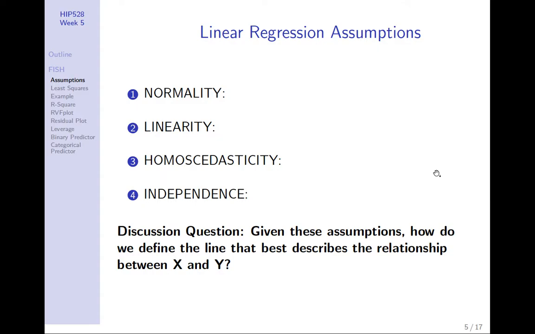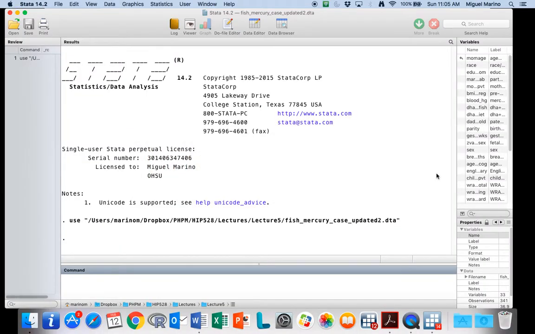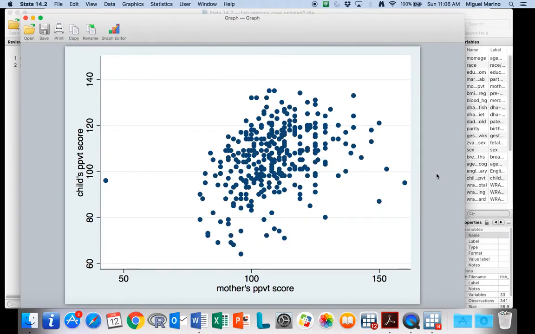So you could potentially think about doing a scatter plot, right? So you could scatter child PPVT on mom PPVT, and then you get some sort of relationship there.